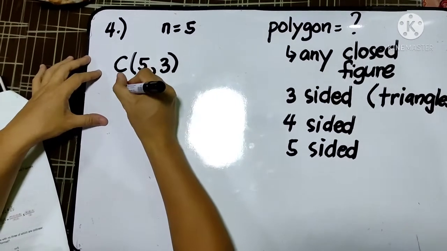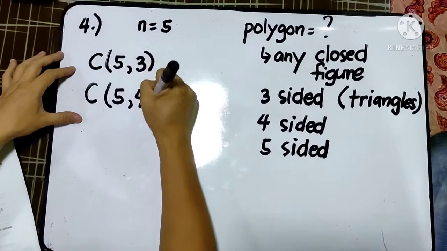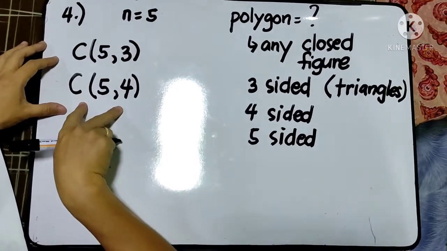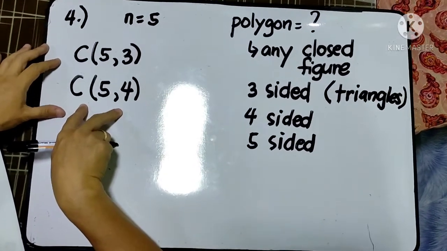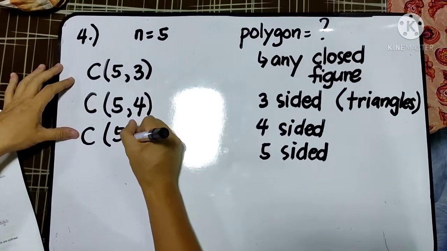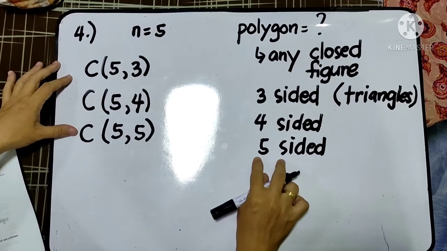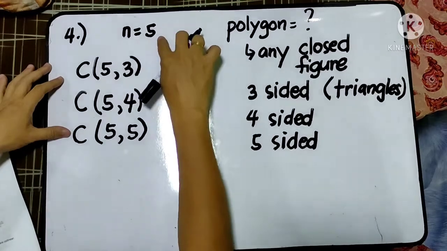Then you will have combination of 5 taken 4. This is if you want to determine the number of 4-sided polygons that you can make. And you can have combination of 5 taken 5, if you would like to know the number of 5-sided polygons that you can make out of the 5 points.